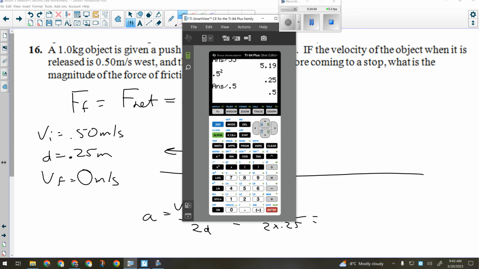All right, so my acceleration then is 0.5, actually it should be negative because I didn't do this part. Hang on, I'm going to clear that up again. Sorry, 0 squared minus 0.5 squared. I didn't do that and I should have. That gives me negative, divided by 0.5. So my acceleration is negative 0.5 meters per second squared.